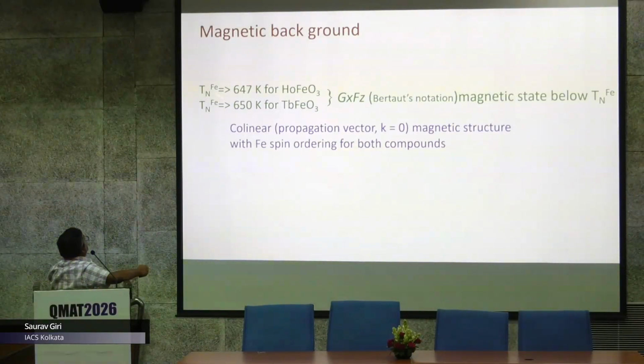Because of the iron moment ordering, holmium and terbium order at 647 and 650 Kelvin, and these are the magnetic states they explained from the neutron results.